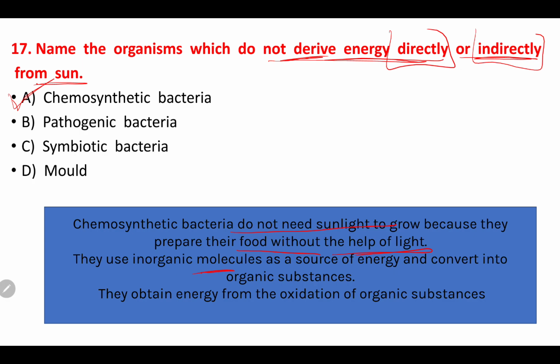Inorganic molecules. These inorganic molecules are the source of energy, and they convert them into organic substances. And they obtain energy from the oxidation of inorganic substances. Here the right option is option A. Chemosynthetic bacteria are the organisms which do not derive energy directly or indirectly from the sun.